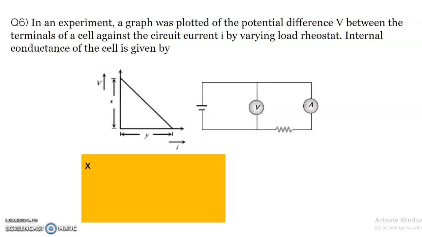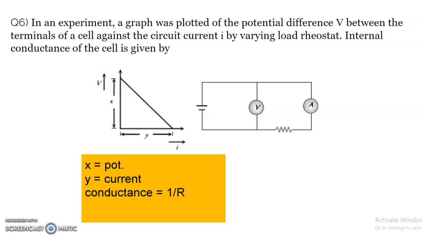We know that x is going to show us the potential difference and y is going to show us the current. Now if we have to write the conductance of the cell, conductance is nothing but 1 by R, we can easily find that.